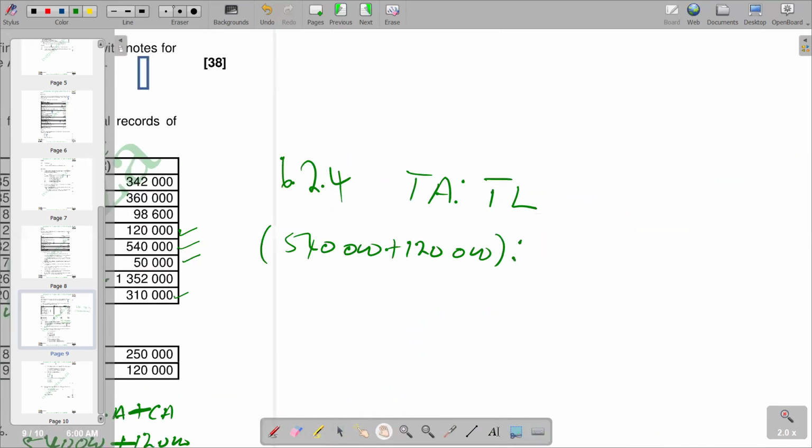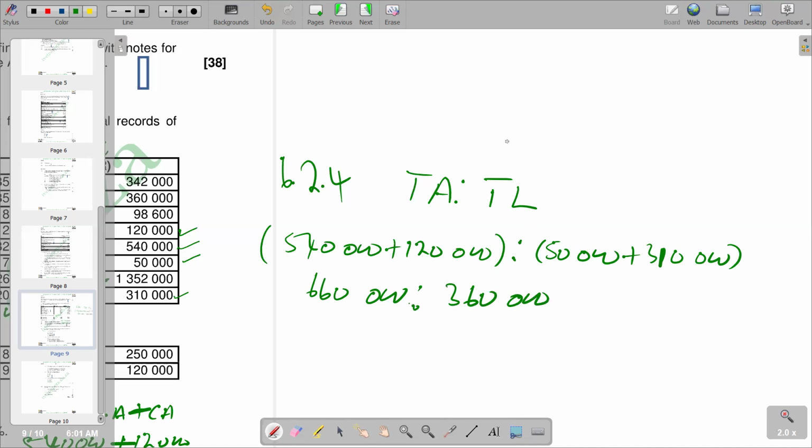So we are saying 50,000 plus 310,000. So we add 540 plus 120, the total that we're going to get is 660,000. And 50,000 plus 310,000, you get 360,000. So this is what we have.